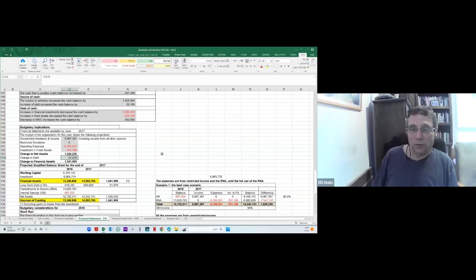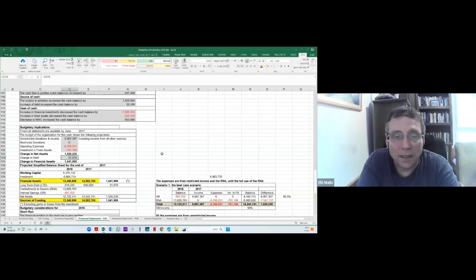Again, I will tell you both in the exercise and in the assignment whether it's an increase or decrease, whether it's more loans or payment on loans or increasing the loans, and based on that you will have to put the sign.